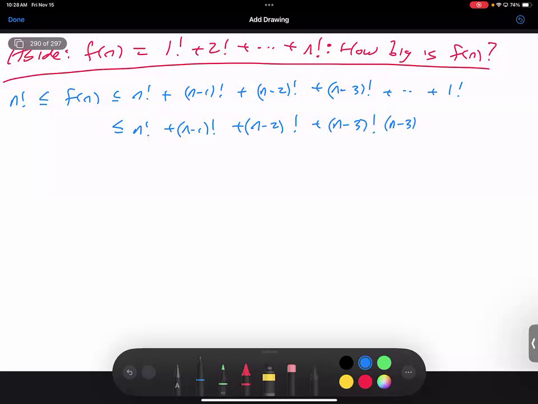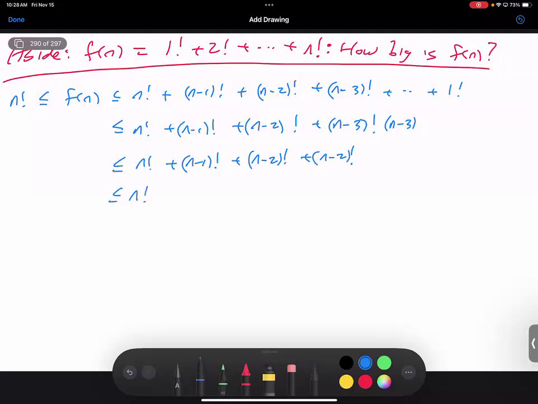This is a really common way to estimate things. What I'm doing is leaving myself a couple of terms in the beginning, because if I kept all of them, then rather than the (n-3) factorial, I'd have an (n-2) or an (n-1), which is larger. Well, what's (n-3) factorial times (n-3)? That's basically (n-2) factorial. So this is basically less than or equal to n factorial plus (n-1) factorial plus (n-2) factorial plus (n-2) factorial.